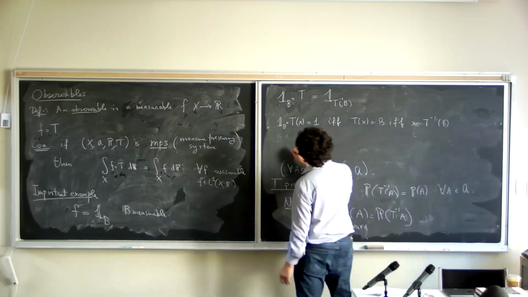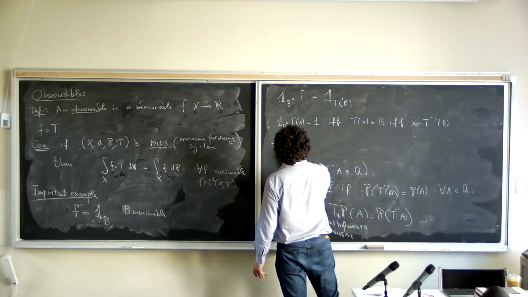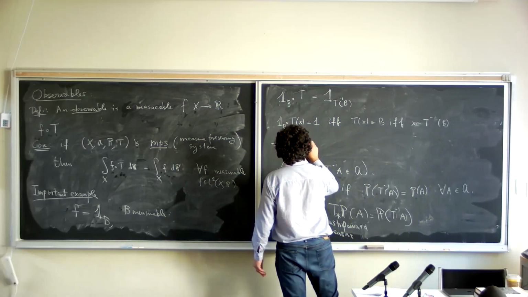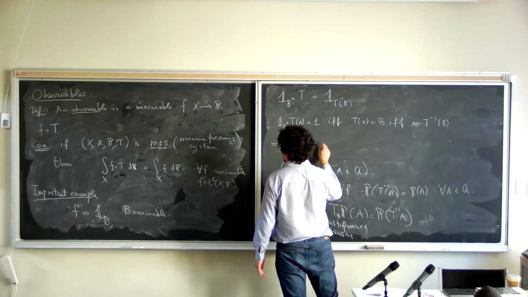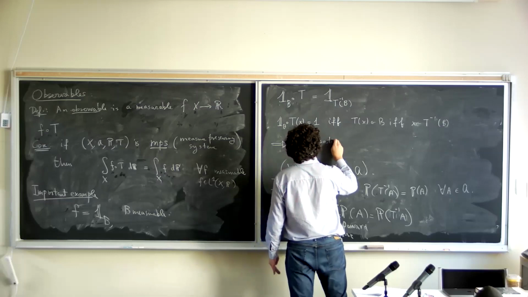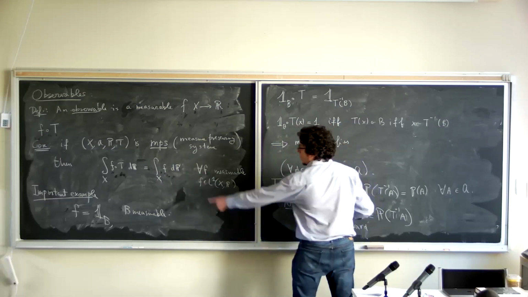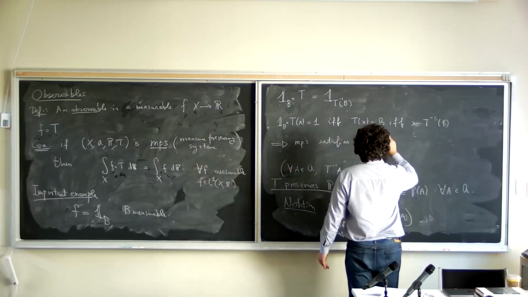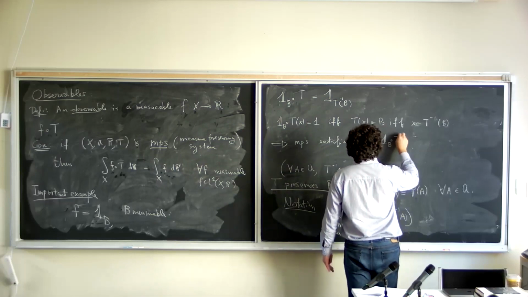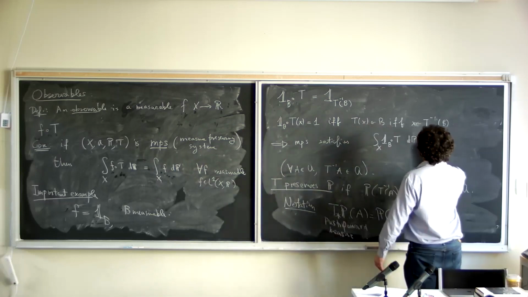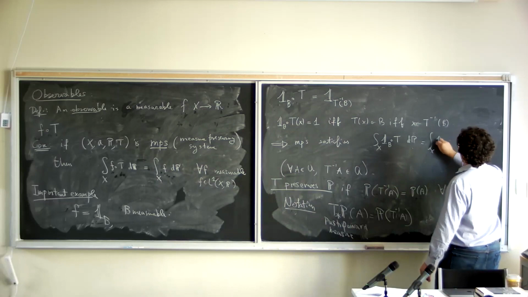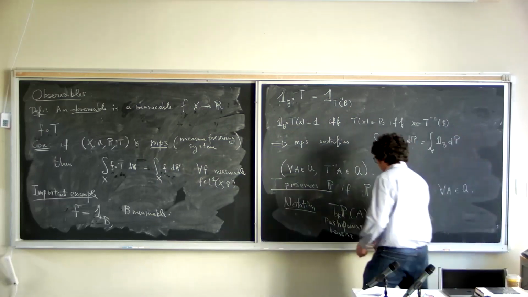So in particular, if you start with a measure preserving system, it satisfies that the integral over X of 1_B composed with T dP equals the integral over X of 1_B dP, right?